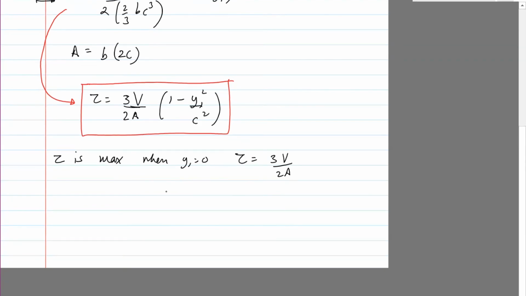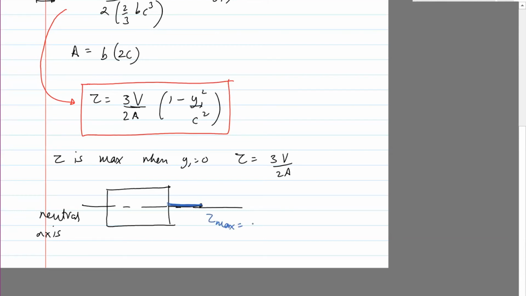Now, if you go ahead and plot this, so this is a beam. That's the neutral axis. First thing to note is that the shear stress is maximum at the center. So let's say that this is the shear stress. Tau max equals 3V divided by 2A.